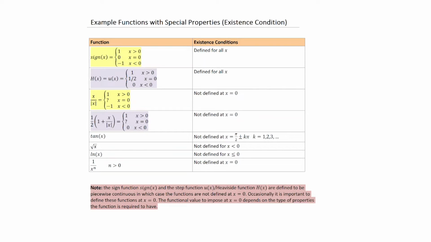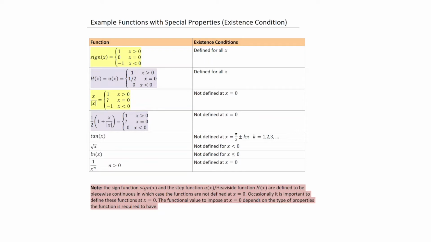Then we have a wide range of other well-known functions, such as tan x, square root of x, ln x, and 1 divided by x to the power n, with n greater than 0. For tan x, we know that there are specific values of x where the function blows up. For square root of x, for values of x less than 0, it is not defined as a real number.